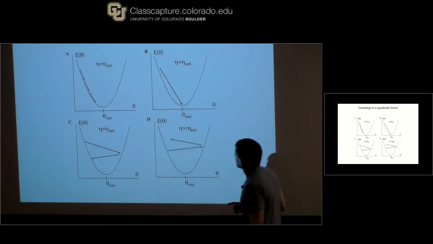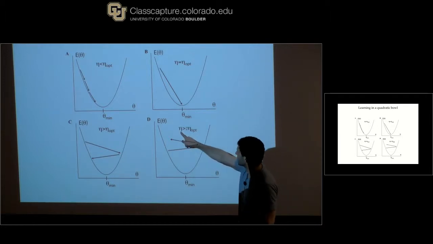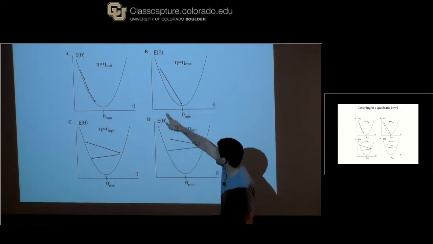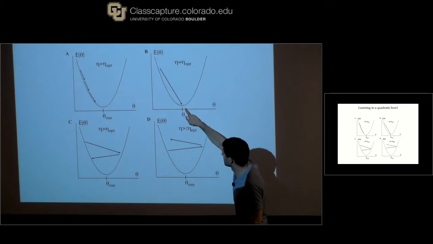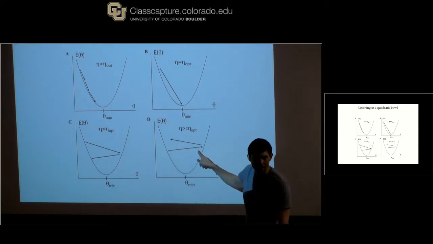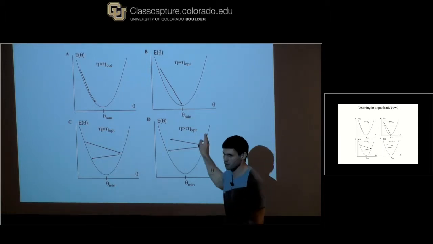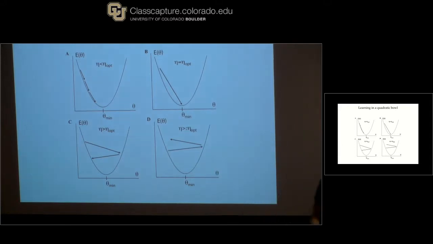But if you use a step size that's bigger than twice the optimal, so one times the optimal takes you right to the bottom, twice the optimal takes you across to the other side, and if you go bigger than that, you start pinging back and forth outwards, and you fly away, and learning is unstable, right? So these are different phases of learning dynamics.